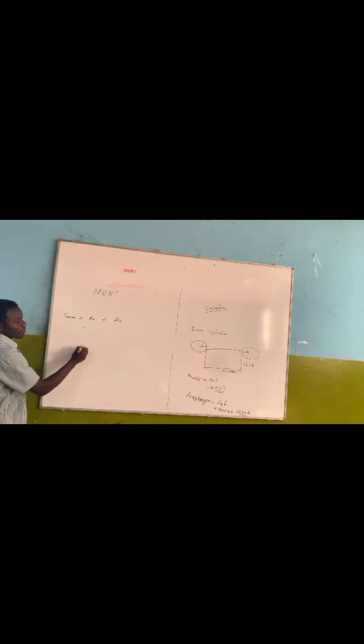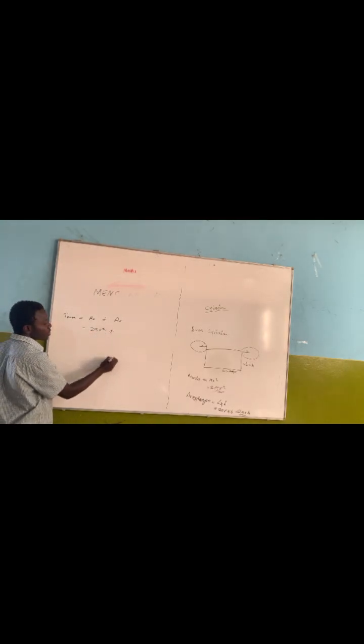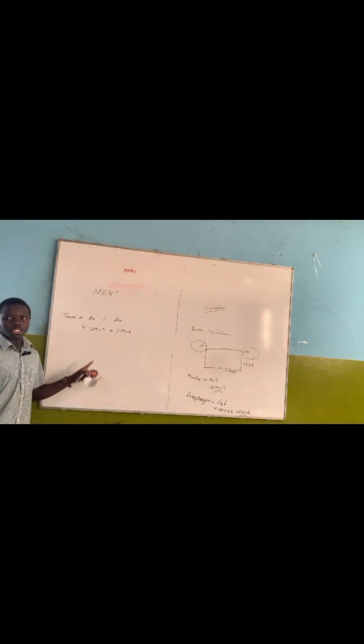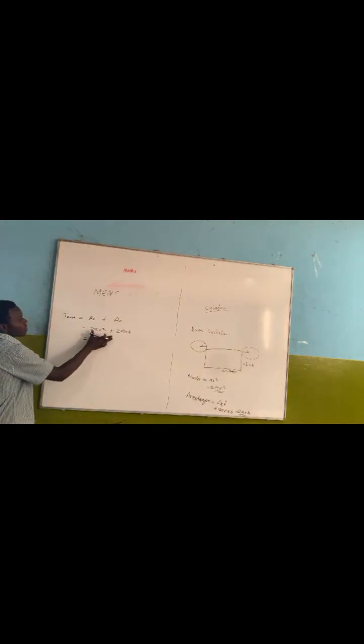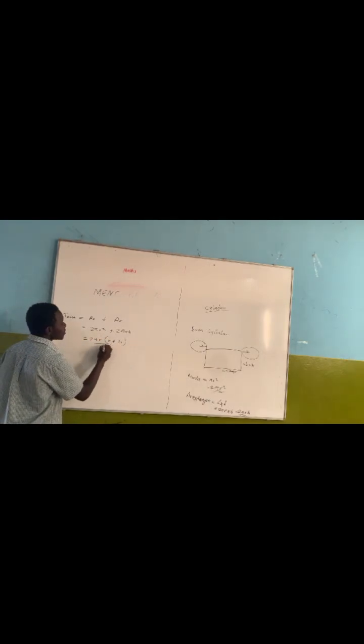So the area of the circle is 2 pi r square, plus that of the rectangle is what? 2 pi r h, right? So this gives us what? The total area of the cylinder, which if I factorize out the 2 pi r that is common, I can have r plus h. So this is the total area of a cylinder.